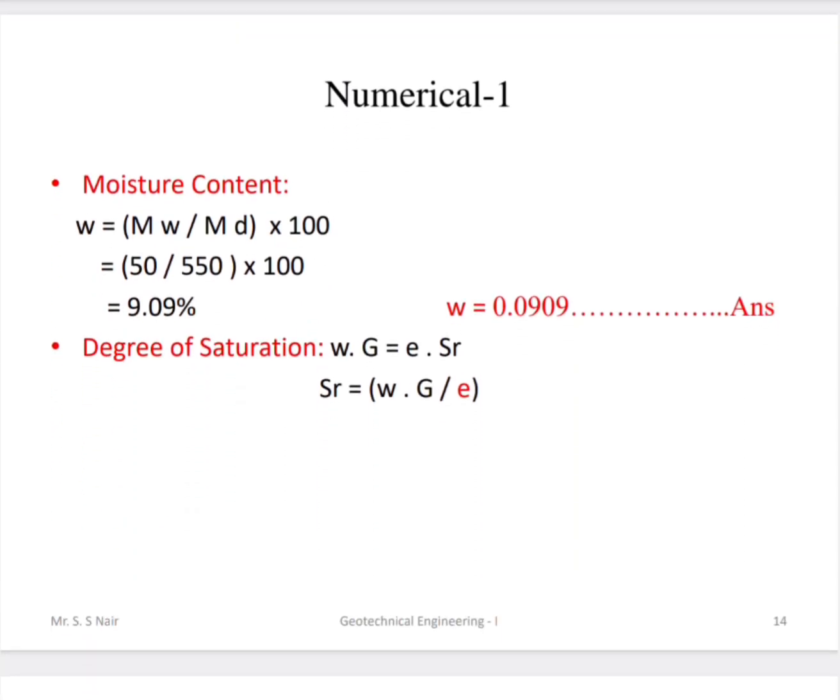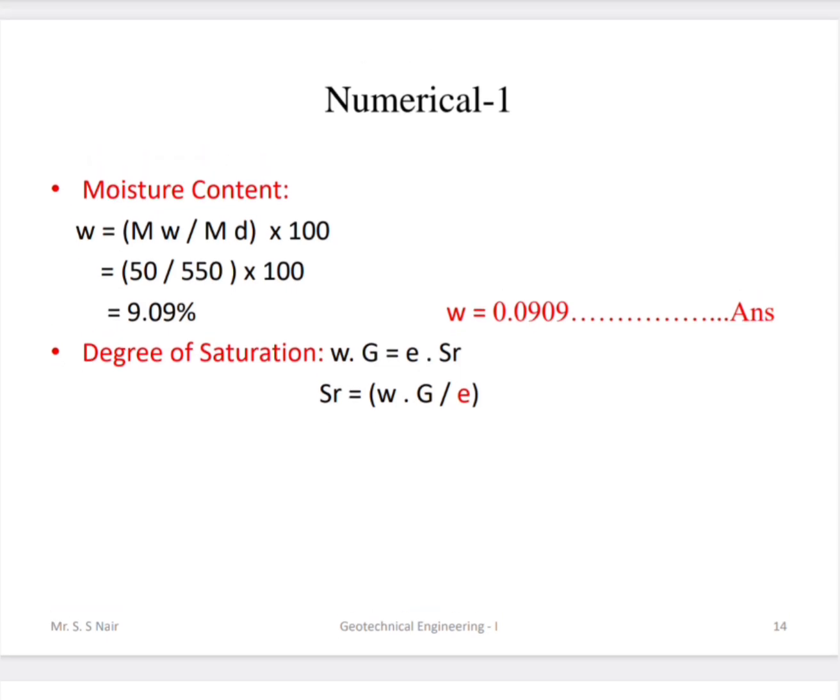We all know the formula: mass of water by mass of dry soil into 100 gives you the moisture content. Degree of saturation also we all know, w G equal to E into S R. So degree of saturation is moisture content into specific gravity divided by void ratio.